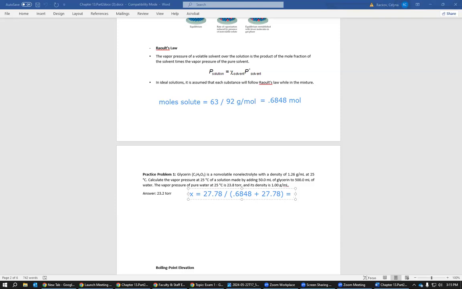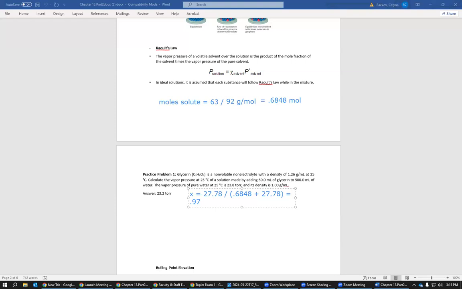So you're dividing moles per mole, so there's no unit. It's 27.78 divided by 0.6848 plus 27.78. So the mole fraction here is 0.976.